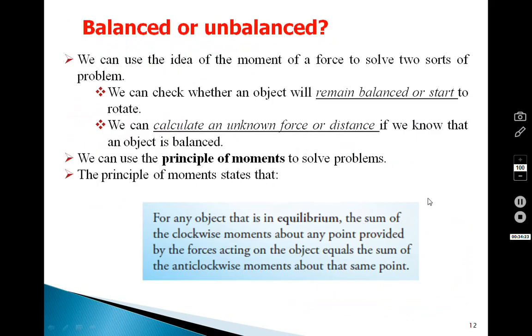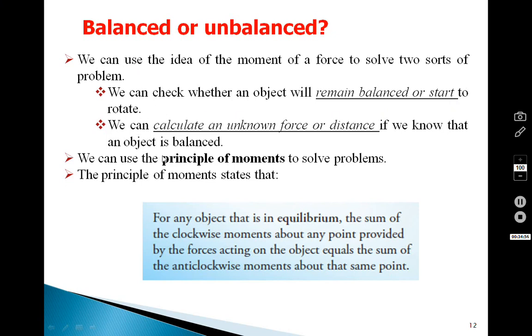So now we will move to the balanced or unbalanced topic. We can use the idea of the moment of a force to solve two sorts of problem. These are some advantages of the moment of a force. First, we can check whether an object remains balanced or starts to rotate.